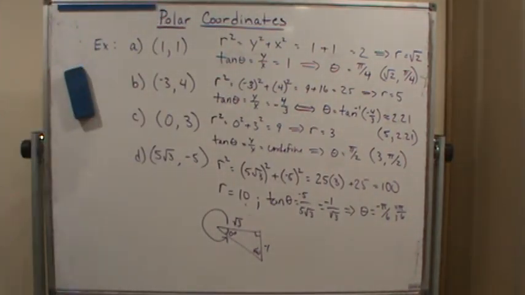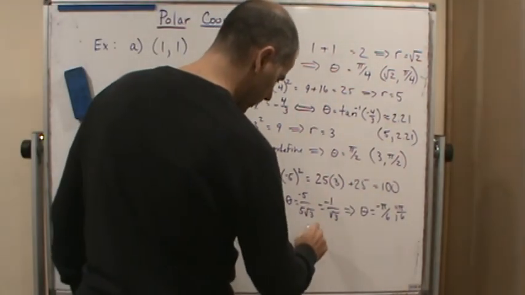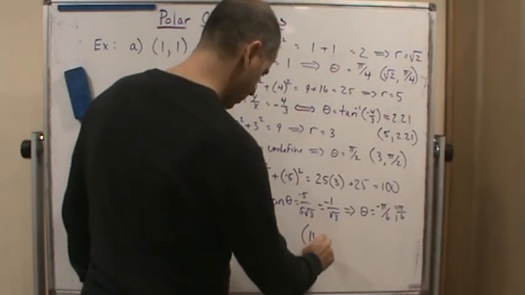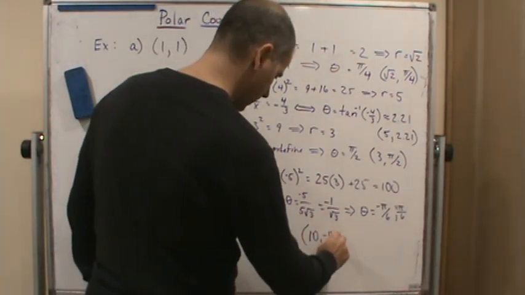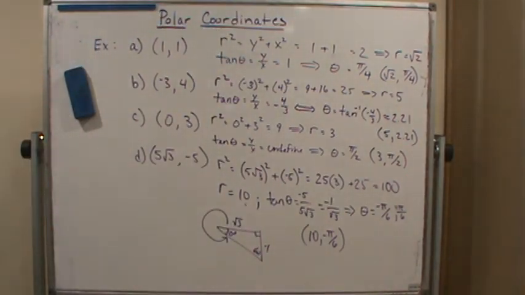Okay, same thing. But in this case here, this would be 10, comma, negative pi over 6. But realize 11 pi over 6 is the same angle.